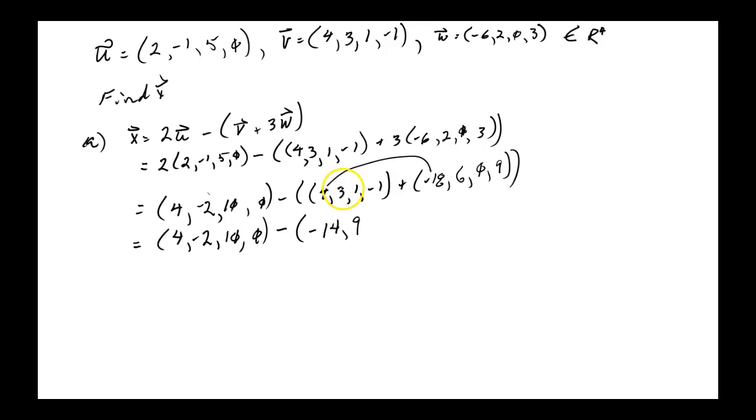It's a 3 plus 6, component by component. You see, this sign is a plus here, so it's this component plus this component. That component was negative, and that's what dragged this down to be a -14.